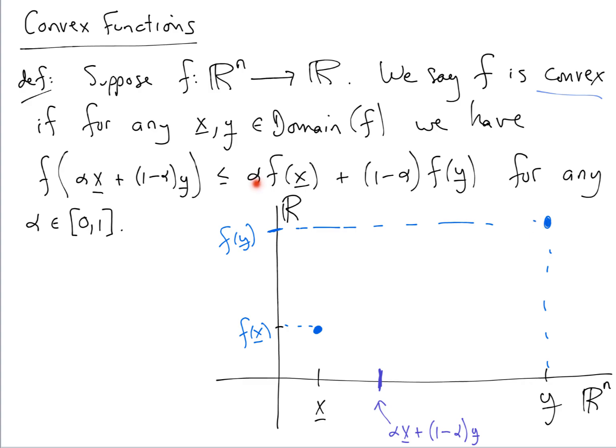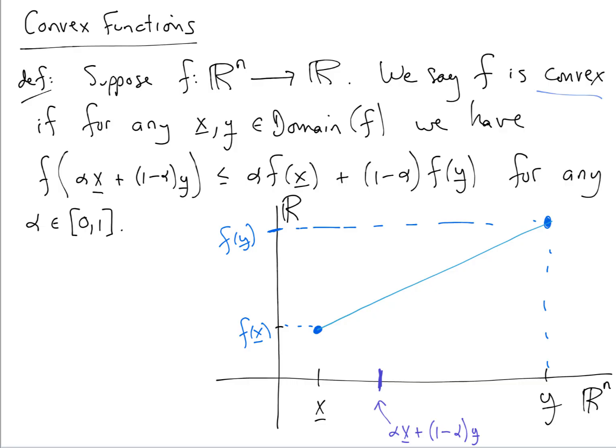As alpha ranges between 0 and 1, we trace out this line segment here. Alpha parametrizes the line segment between the points x, f of x and y, f of y.